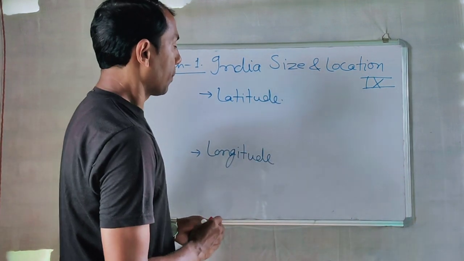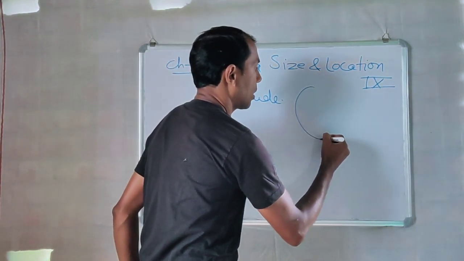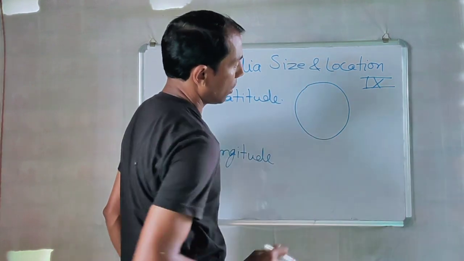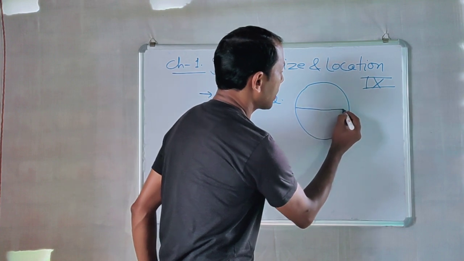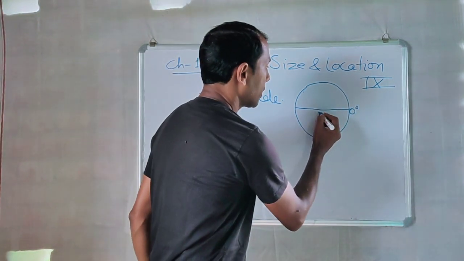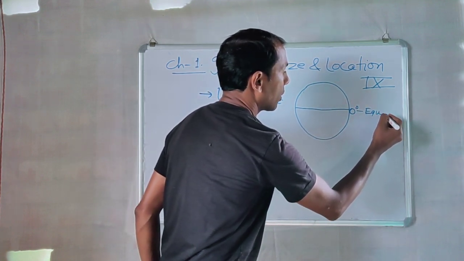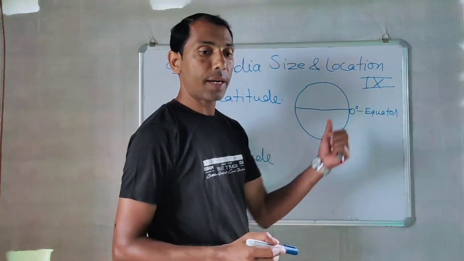And see here, it is a globe on which there is an imaginary line. It is a 0 degree line, and it is called what? Equator. It is called equator, right?